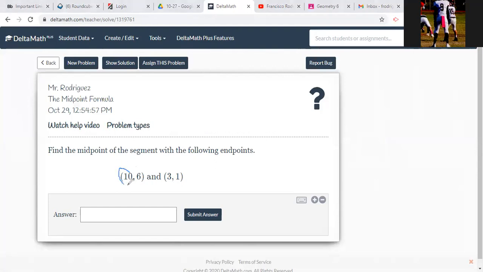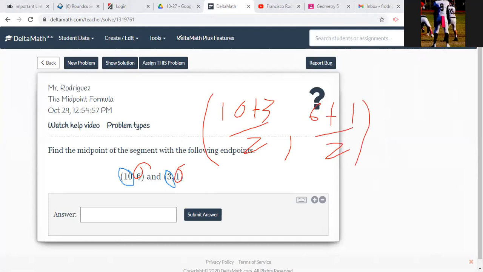So again, we're going to take our x values and add those up, and then take our y values and add them up. So that's 10 plus 3 divided by 2, and then 6 plus 1 divided by 2. That's 13/2 and 7/2.